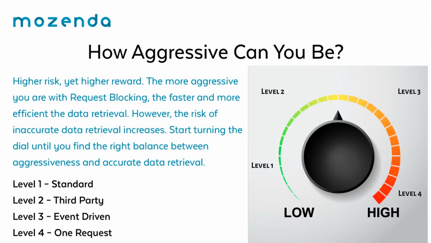So you can start at the lowest level and you can increase until you find that balance between aggressiveness and accurate data retrieval. You can start at the most conservative, level 1, and go to level 2, all the way up to level 4, which is the most aggressive that you can be. You just need to find that balance between aggressiveness and accurate data retrieval.